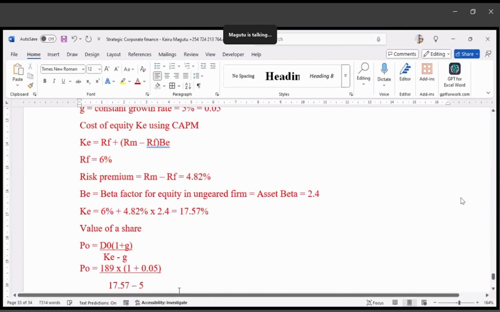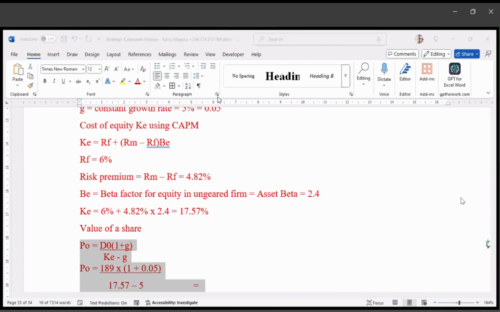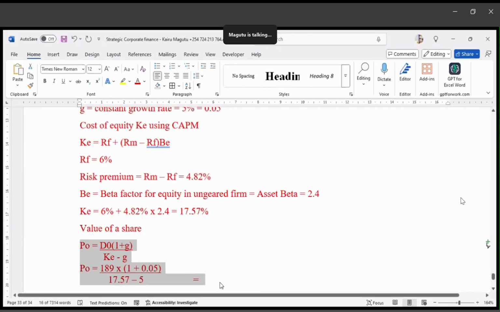So how much is the value of a share? Let me get the value of a share.